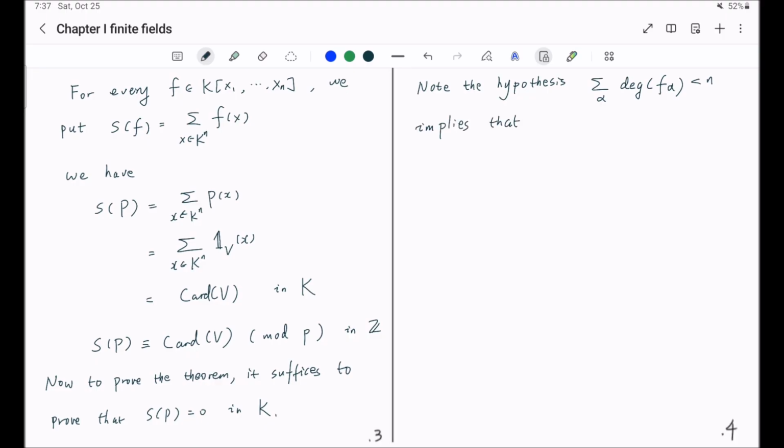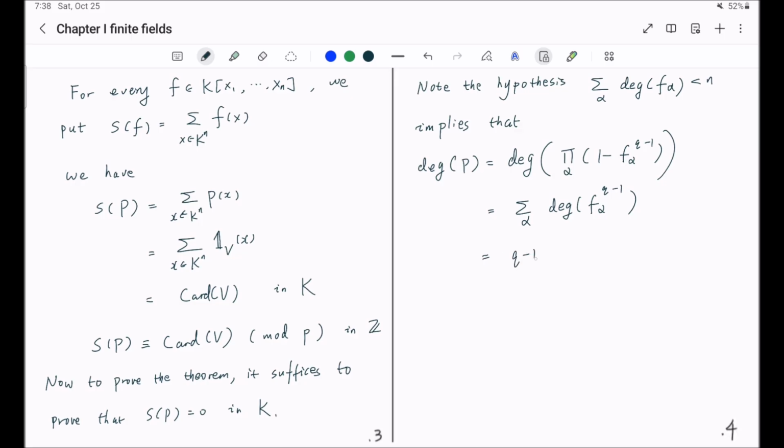The hypothesis implies that the degree of P, which is the degree of this product, is equal to the sum of degrees of f alpha to the q minus 1s.